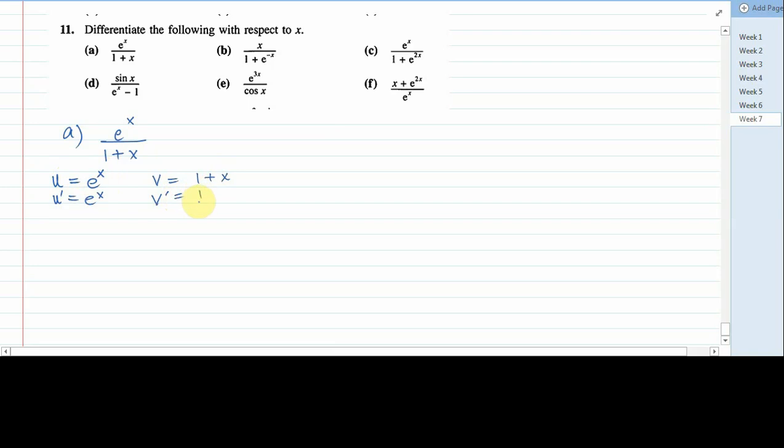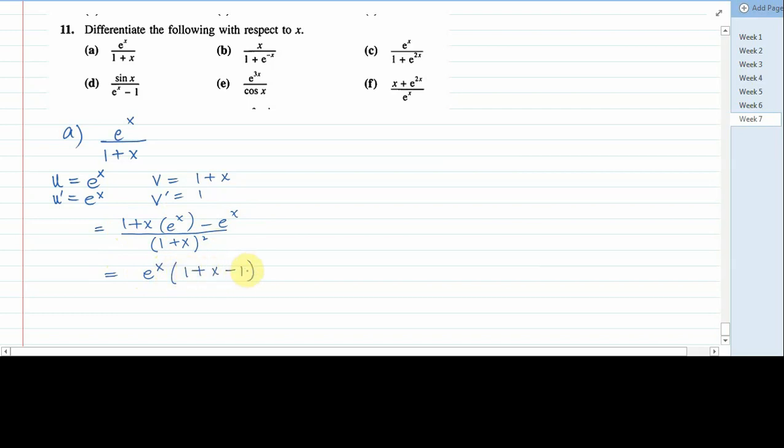Right? We have all the values of u, v, u dash, v dash. Now apply the working formula. It says in the denominator we have v square, and v is what? It's 1 plus x whole square. It says v derivative of u minus u derivative of v, which is 1. We can take common here, so e to the power x common, and inside the bracket we have 1 plus x minus 1.